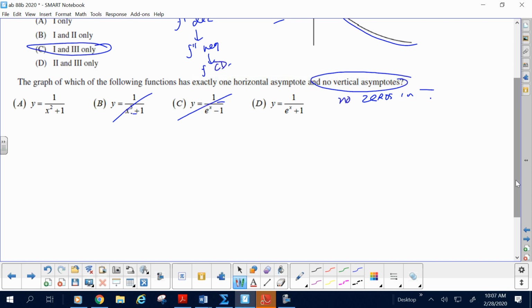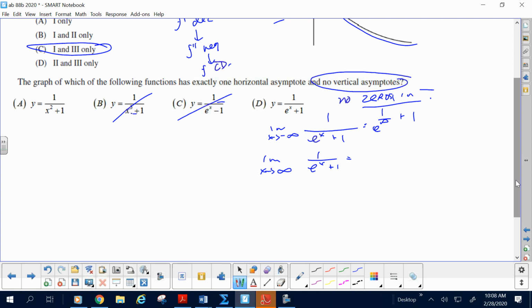Now this is hard here because as x goes to negative infinity and x goes to positive infinity, these behave differently. As x goes to negative infinity, this becomes 1 over e to the infinity.